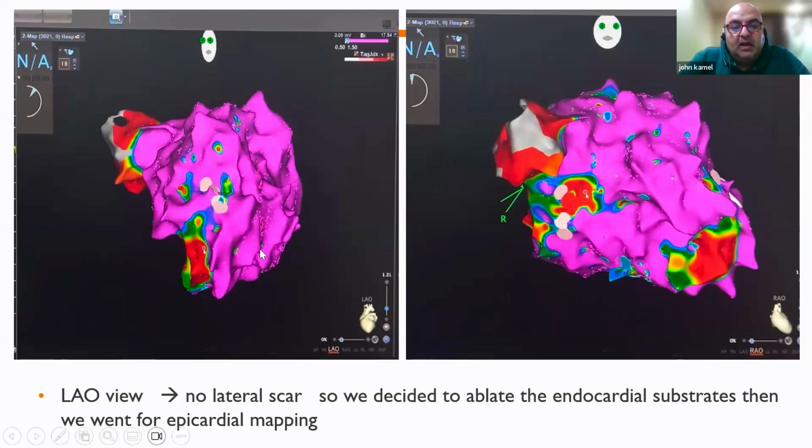So definitely there is an exit, either an intramural exit, an epicardial exit, or an epicardial scar for such a patient. When we found that, we ablated the endocardial substrate, as we can see here.